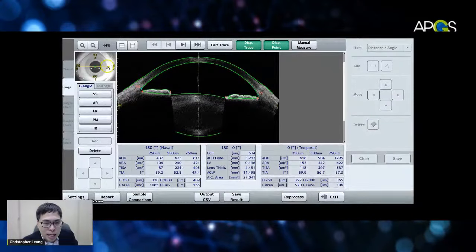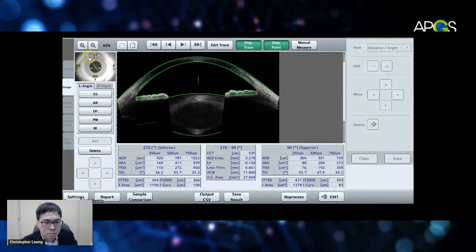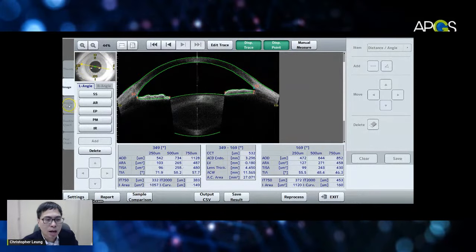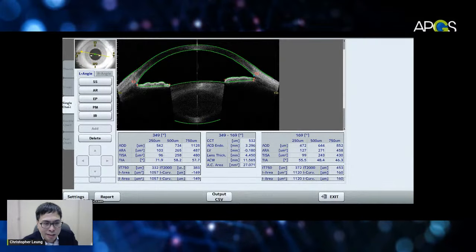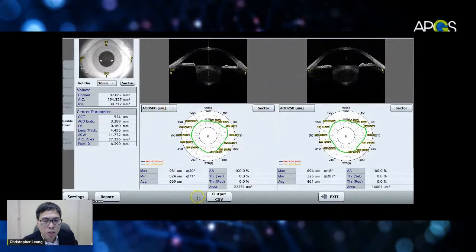The identification of the scleral spur is important because a lot of measurements we perform using anterior segment OCT rely on the scleral spur location. For example, AOD, angle opening distance, and TISA, trabecular iris space area, all rely on the scleral spur to give you the quantification of the angle dimension.